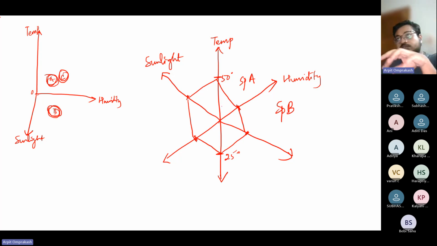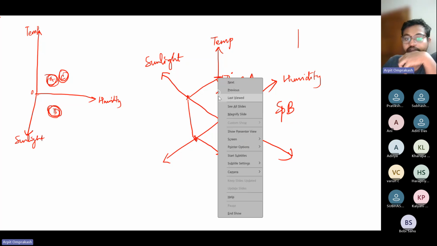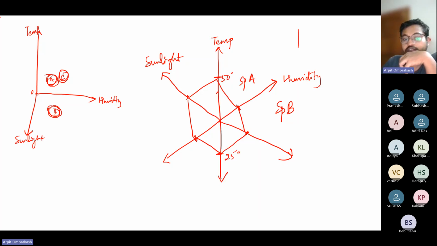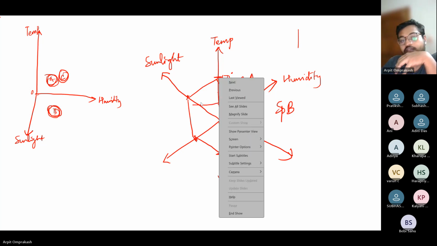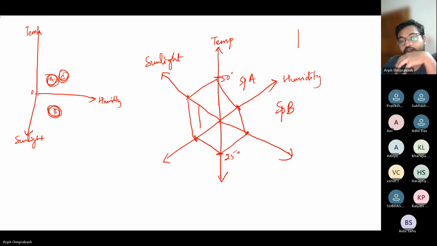Now due to competition, species A in that area is no longer found in the higher temperatures, which are mostly occupied by species B. Similarly, the lower humidity values are occupied by species B, and so on.